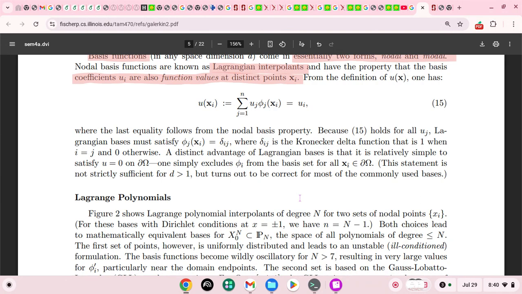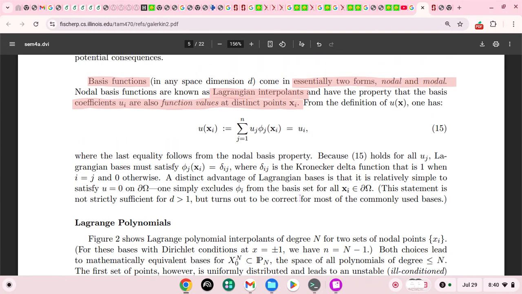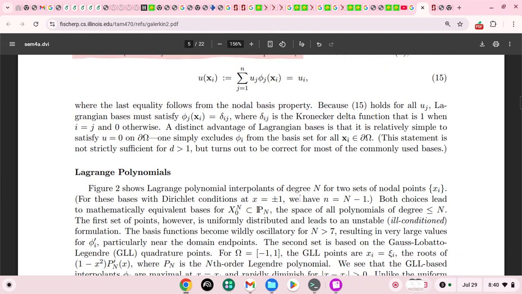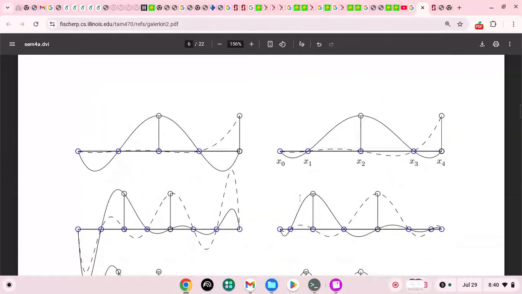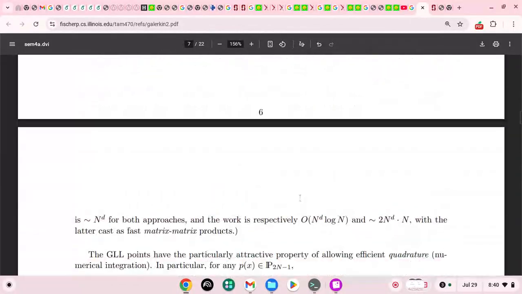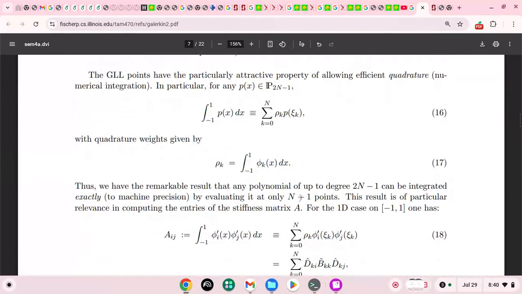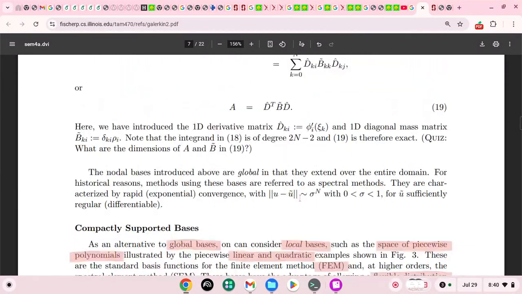So what are the kinds of nodal basis functions? There are many basis functions. One is Lagrange polynomials, and we will not go through much about what a Lagrange polynomial is. That we will see possibly in a later video.